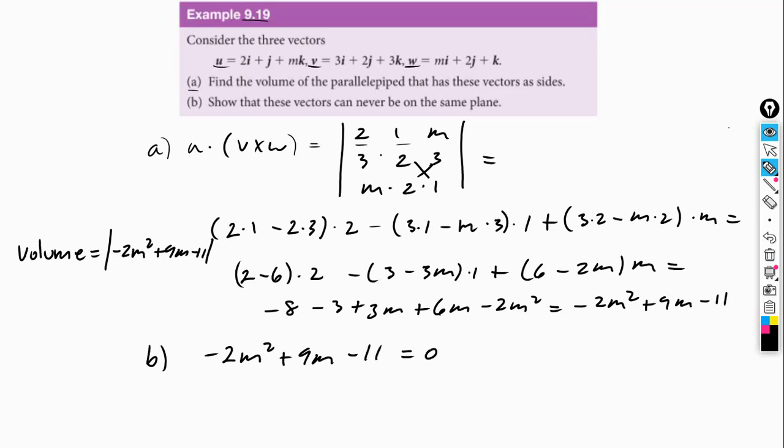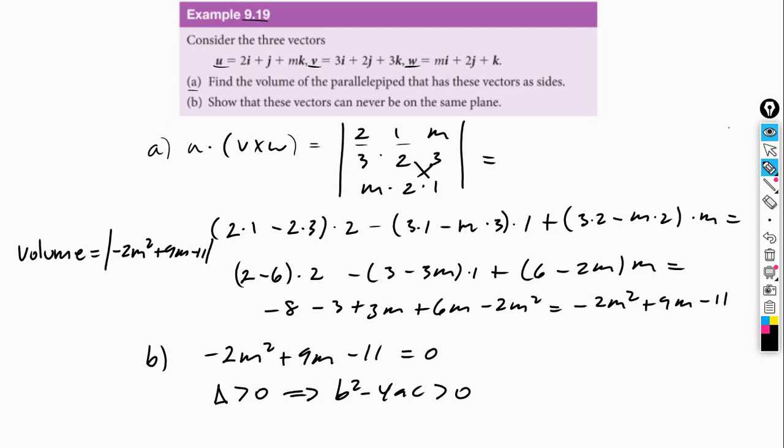So if these vectors cannot be on the same plane, then this would have no real solutions. In other words, the discriminant should be, if it has solutions, it should be greater than 0, right? In other words, b squared minus 4ac should be greater than 0 if it has real solutions.